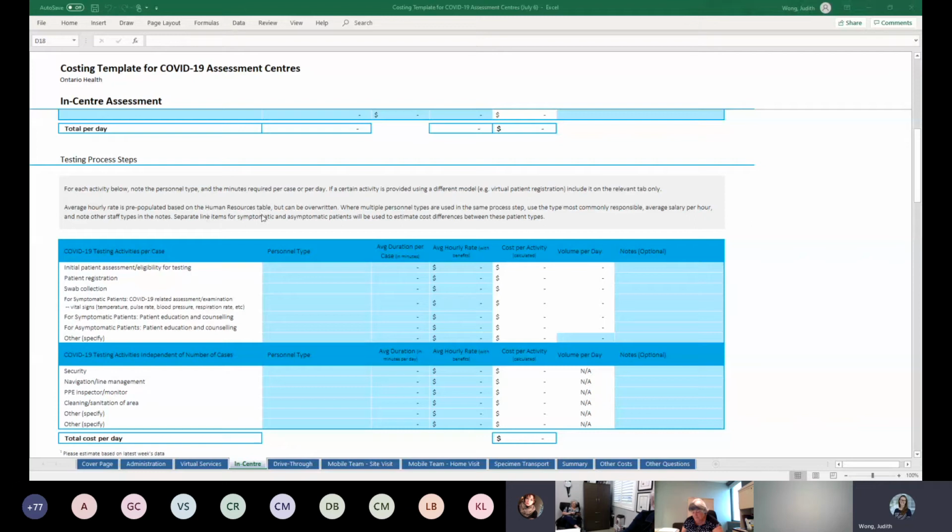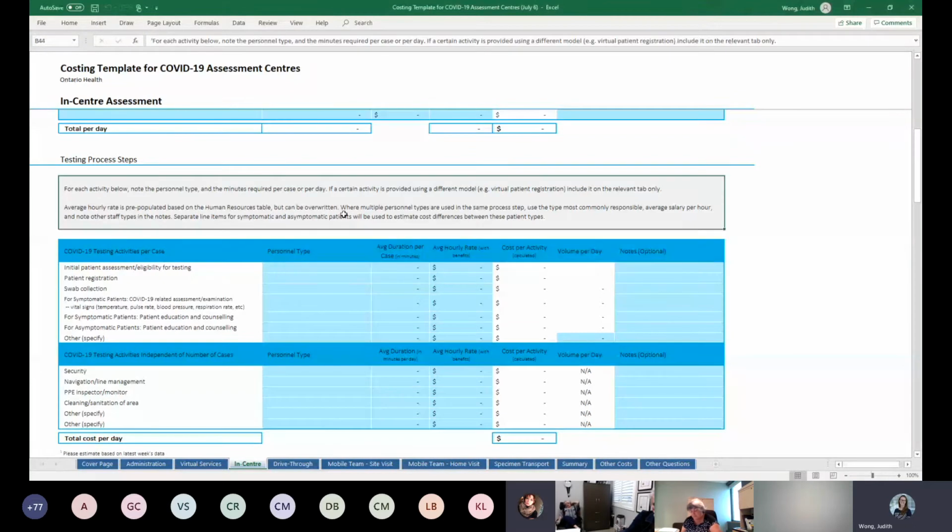That's a great question. So a lot of these questions are actually covered in the instructions. In this case, the instructions say where multiple personnel types are used in the same process step, please use the most commonly responsible staff person, an average salary per hour which would reflect the mix that you use, and note the other staff types in the notes.